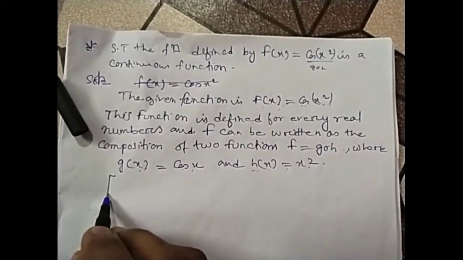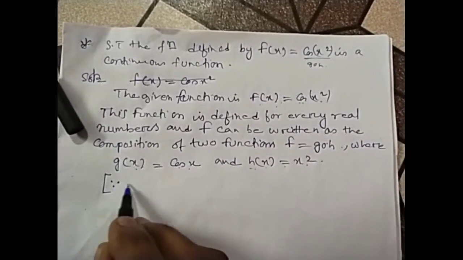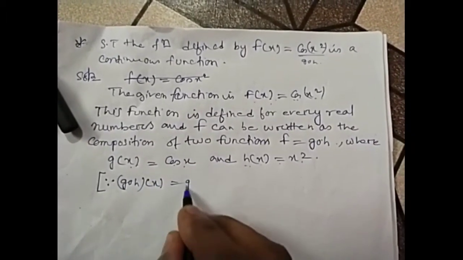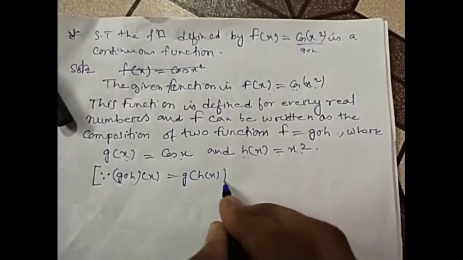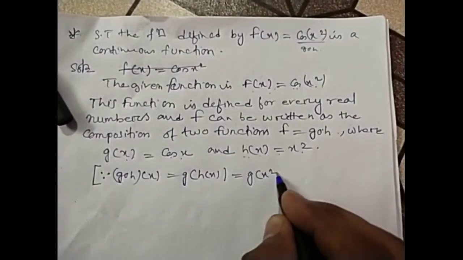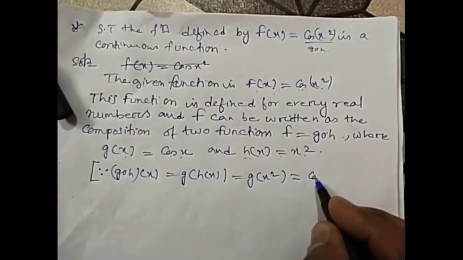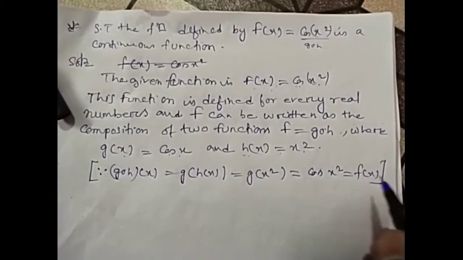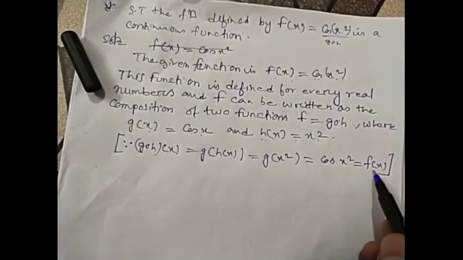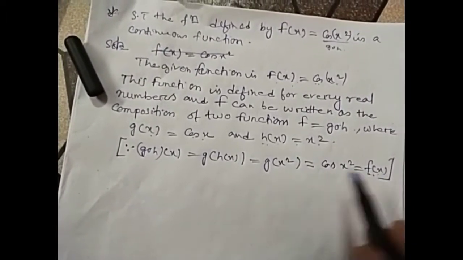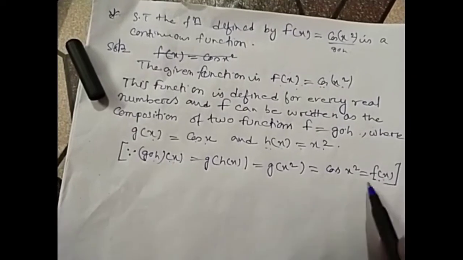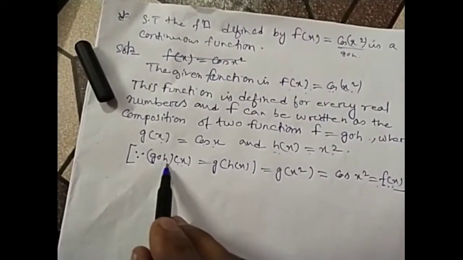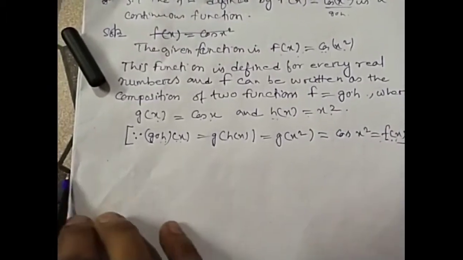Since (g o h)(x) equal g of h(x) equal g of x square equal cos of x square equal f(x). So f is a composition of two functions g and h.